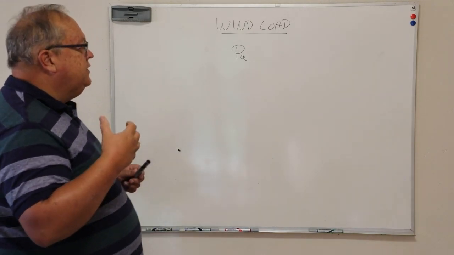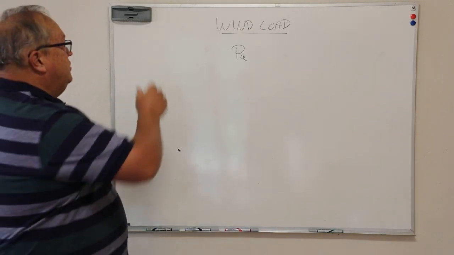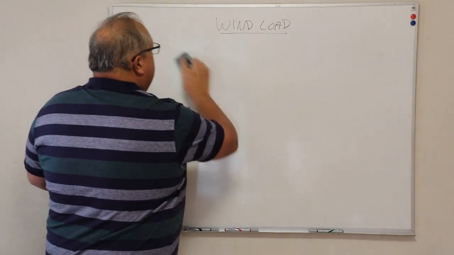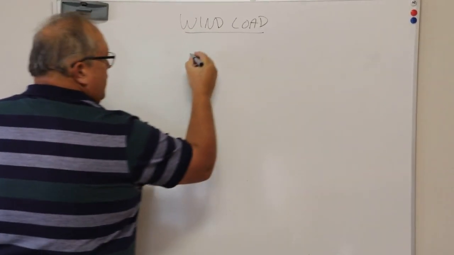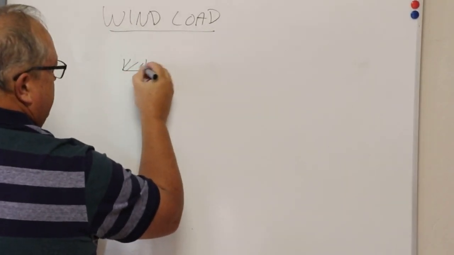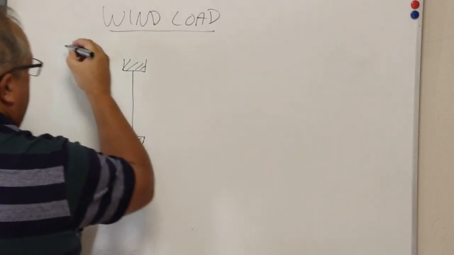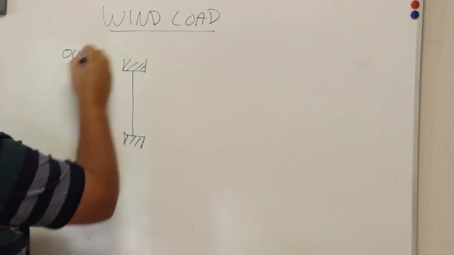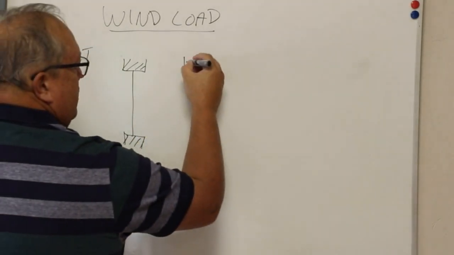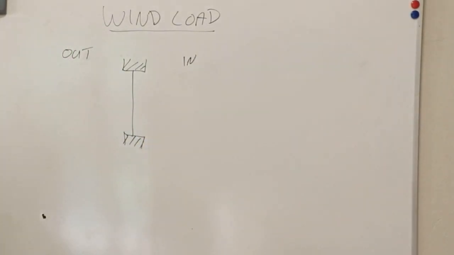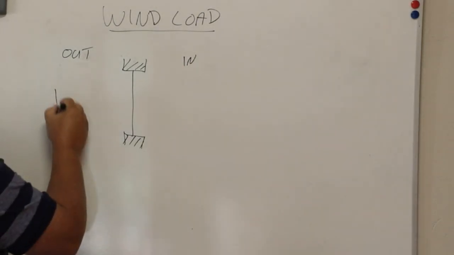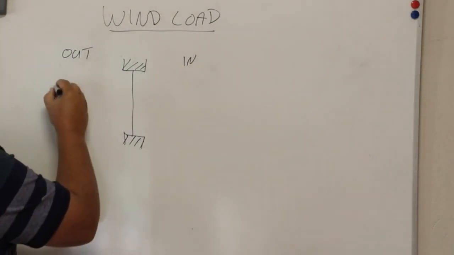Now, the best way to understand wind load is to consider the following simple drawing. If I take a basic cross-section through a window, let's say this represents the outside of the window, and this represents the inside of the window, what I need to do is consider a parcel of air.